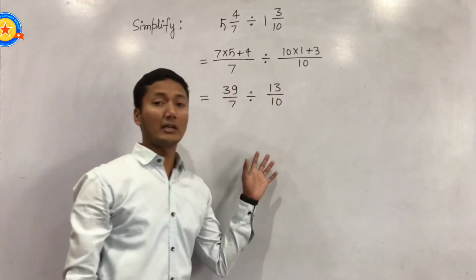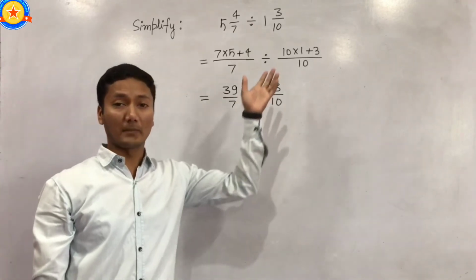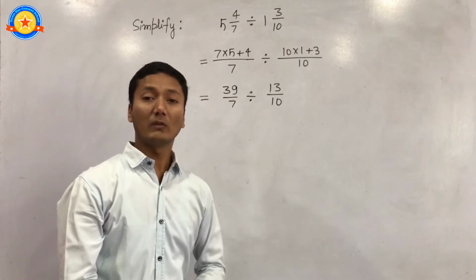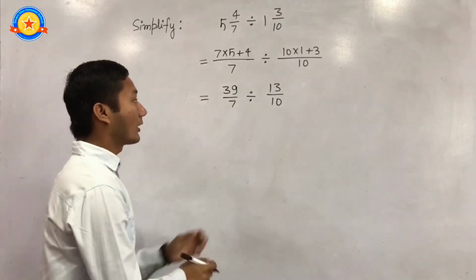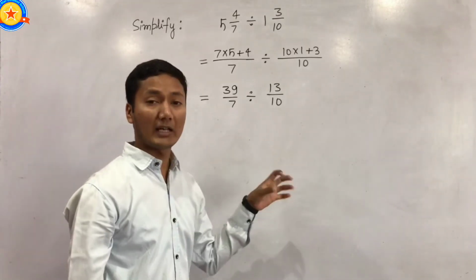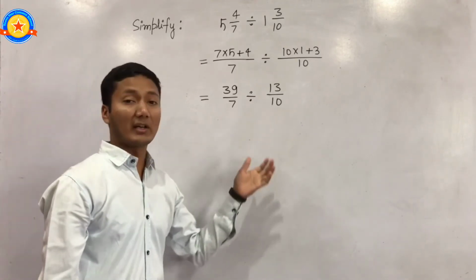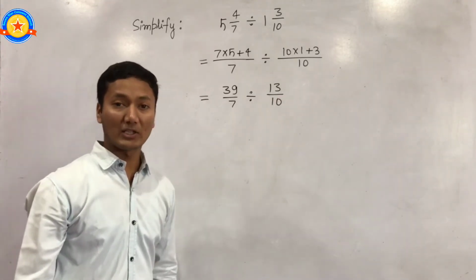From here students, we got the fractions from the mixed numerals. Now we calculate the division of fractions. For calculating division of fractions, we have to find the reciprocal of the second fraction.